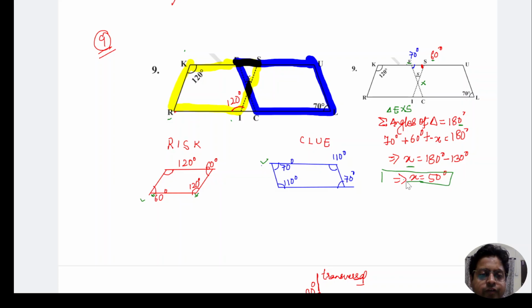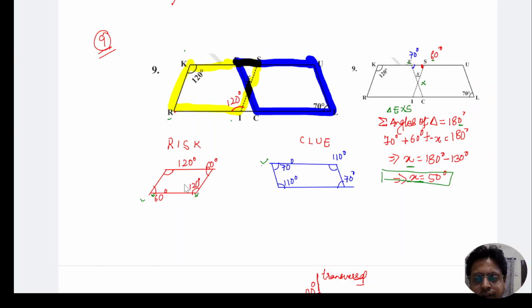If not, I will just recap. In the figure, two parallelograms were given. They were not exactly superimposed, but rather interfering in each other's territory. There is one parallelogram, RISK.